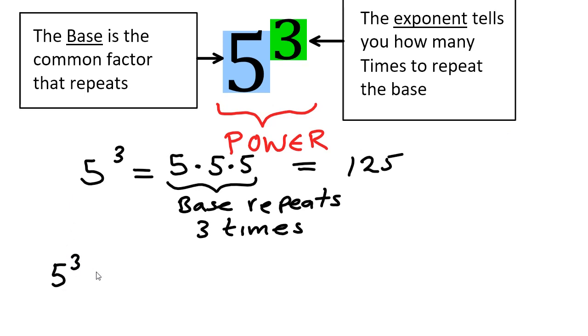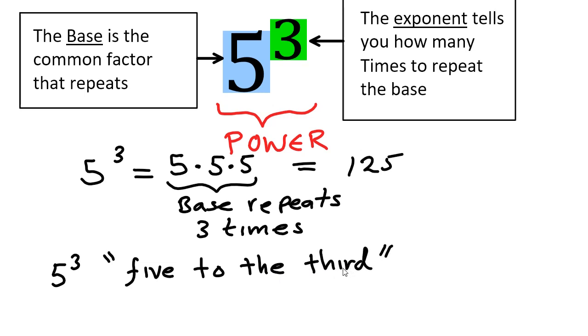Five to the third. So you read this as 5 to the third. Some people might say 5 to the third power or 5 raised to the third, but it's all based on preference.